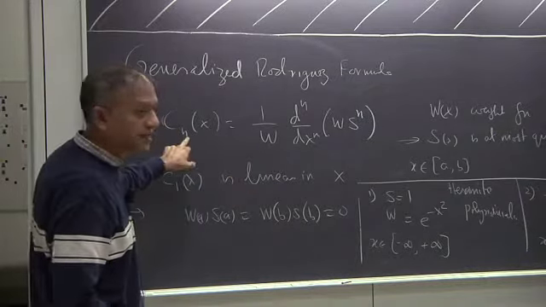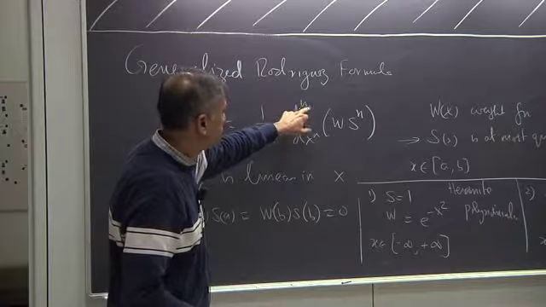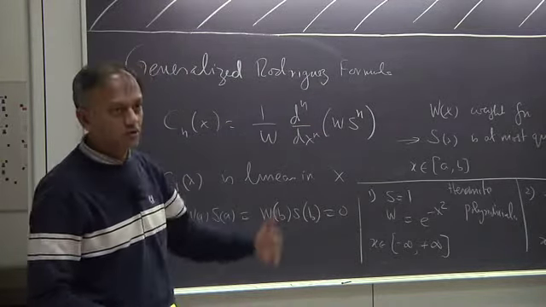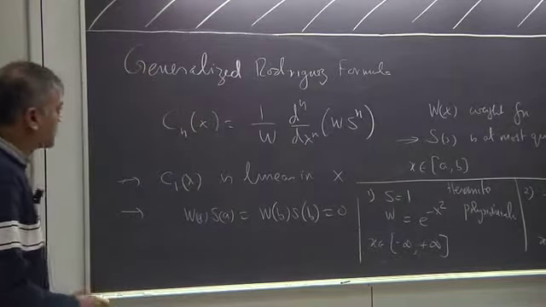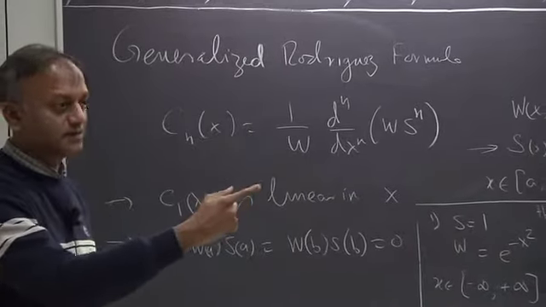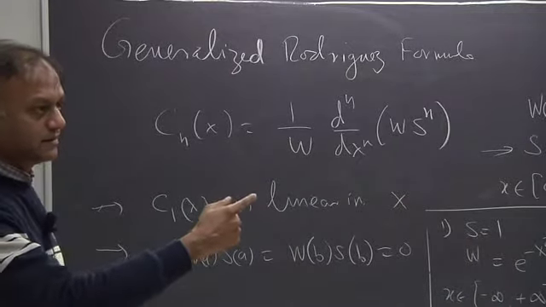Here n is any integer. n can be 0, 1, 2, and this will give you all the nth degree polynomials. So there was a recursion relation which related Cn plus 1 with Cn and Cn minus 1, right?